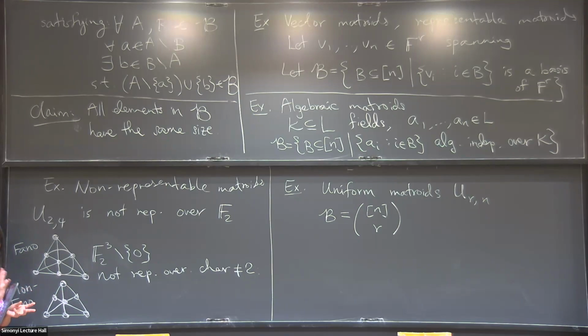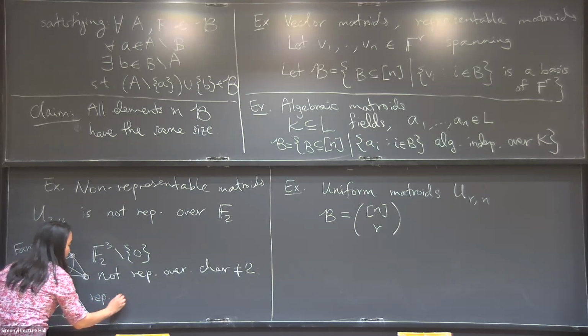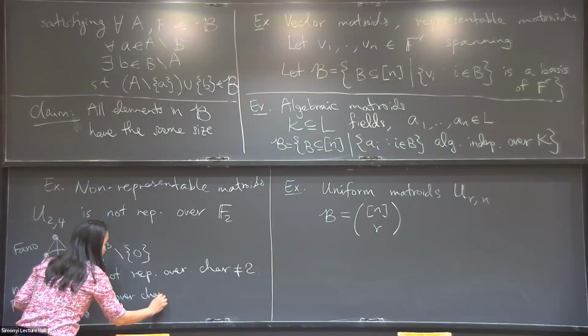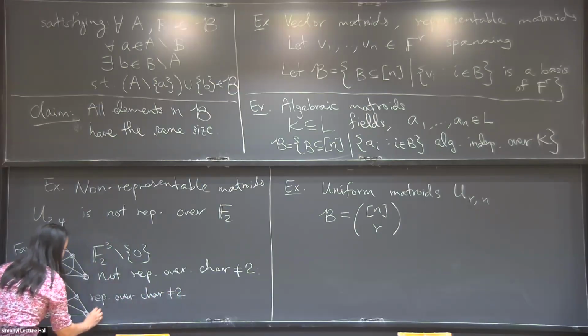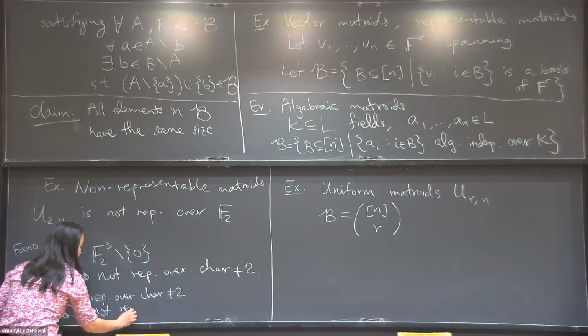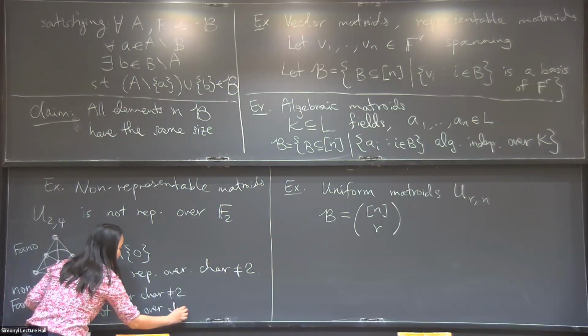You throw away the origin, there are 7 left. Those 7 will satisfy this kind of linear dependencies over any field other than characteristic 2. So the non-Fano is representable over a field of characteristic not 2, but it is not representable over characteristic 2.